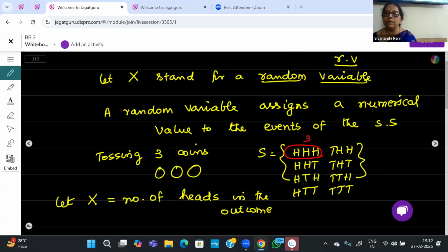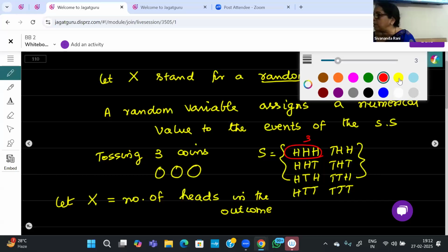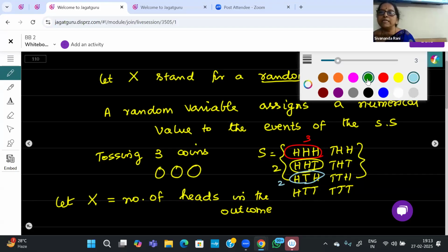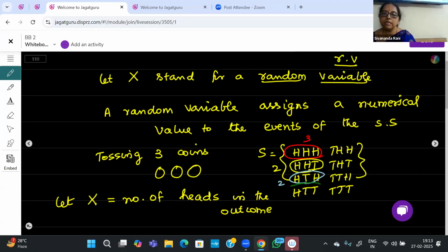Can you see that? How about the next one? This has got a number. This has got a number. The number associated with that is 2, right? So every sample point has become a number. So this is the advantage that you have. This sample point has the number 2 because it has got 2 heads in it. How about this? This has got 1 head in it.